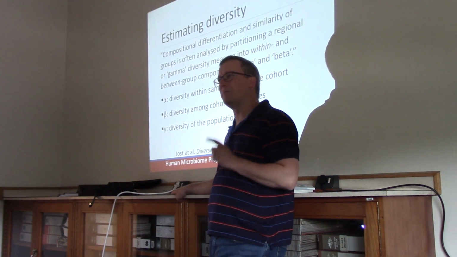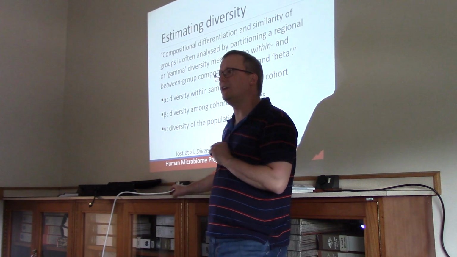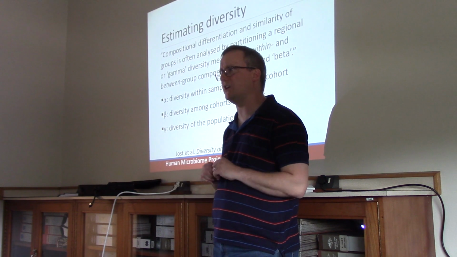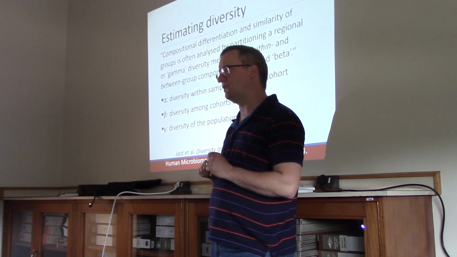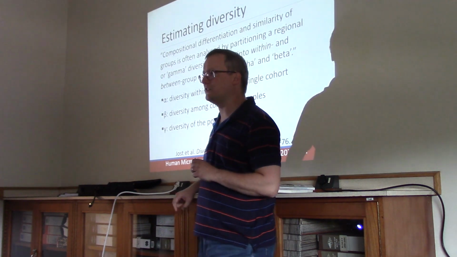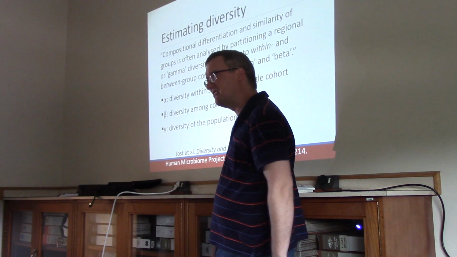But let's talk about microbiomes in the medical context. If I have 5 people who don't have diabetes and 5 people who do have diabetes, is it reasonable to say that the alpha diversity allows us to compare among people in the same cohort?